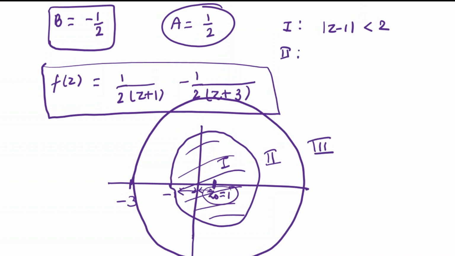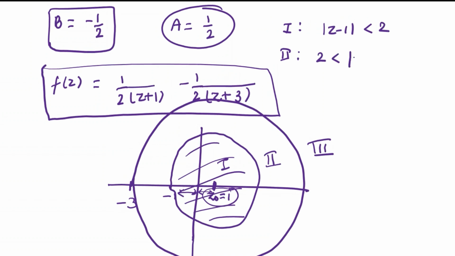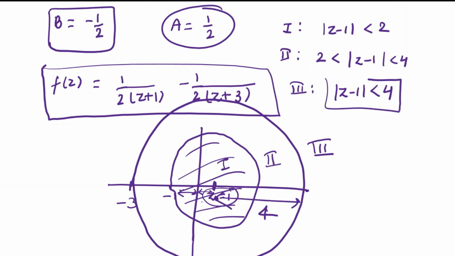The second region is 2 less than mod z minus 1 less than 4. And the third region is mod z minus 1 greater than 4. The circle for this bigger one, the radius will be 4, right? So we can write mod z minus 1 less than 4.